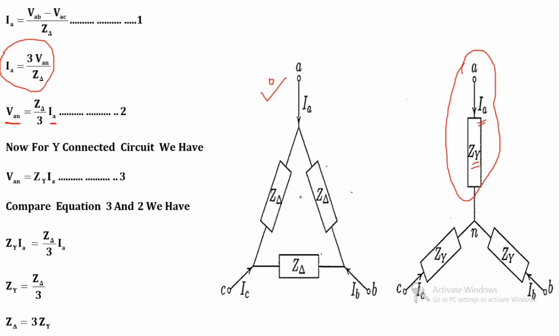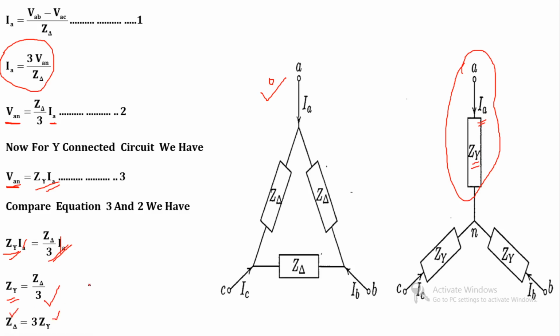So now we can compare the phase voltage of star connection and delta connection as equal. So ZY into IA is equal to Z delta by 3 into IA. So this IA will cancel. So ZY is equal to Z delta by 3 and Z delta is equal to 3 into ZY.